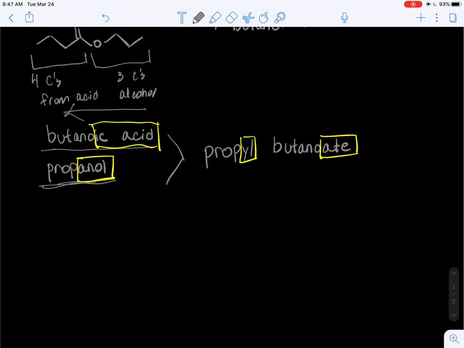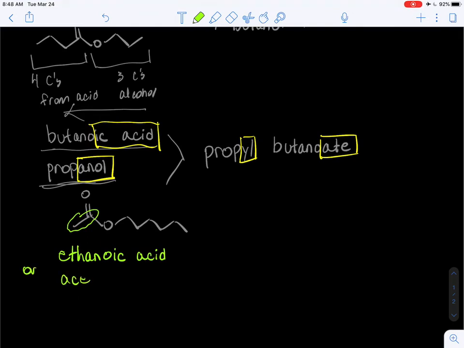So let's name another one. When you're naming these, you need to think carefully about how many carbons you have. There's 2 here. So we could call that one of 2 things. We can call that ethanoic acid, or its common name, acetic acid. And then here we've got a very long chain alcohol. 1, 2, 3, 4, 5, 6. So that's hexanol.